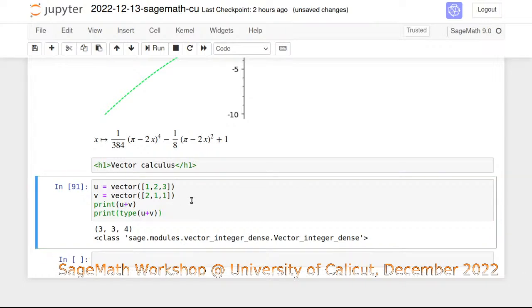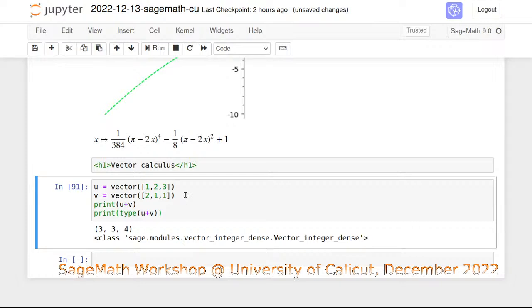The added advantage is that you have certain automatic commands like dot product, cross product, etc. Otherwise, you may have to define the dot product yourself. Of course, you can define it, you just take the components and define it one by one.